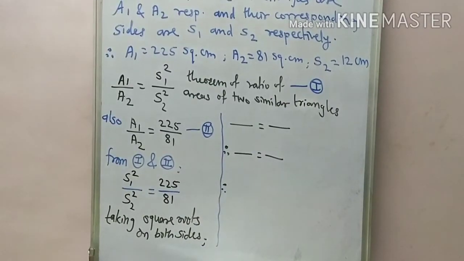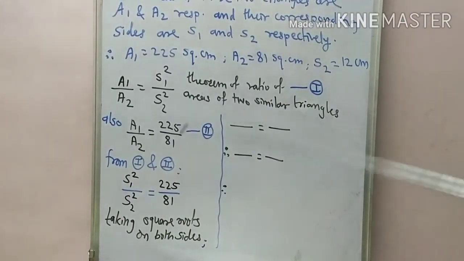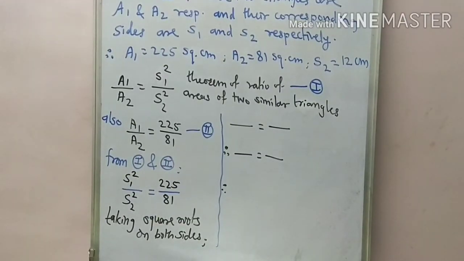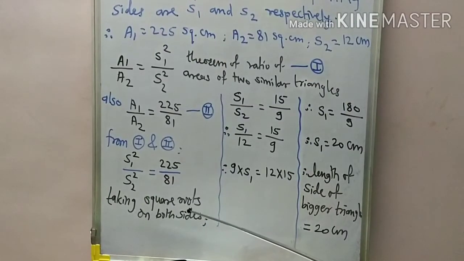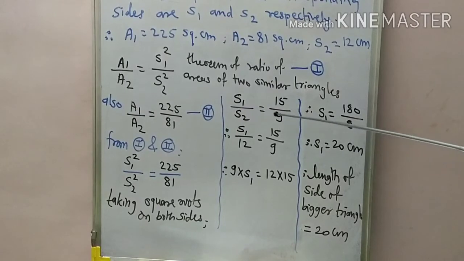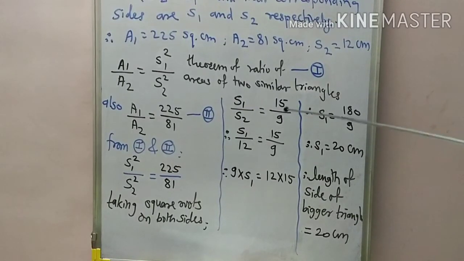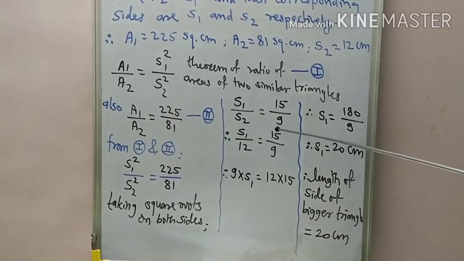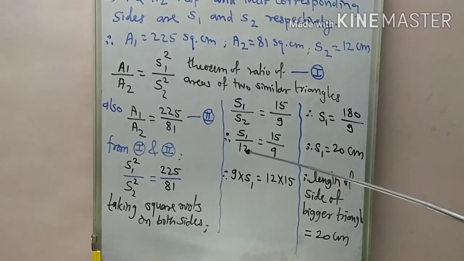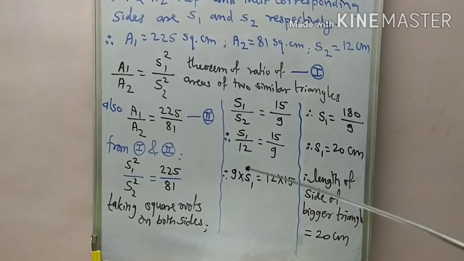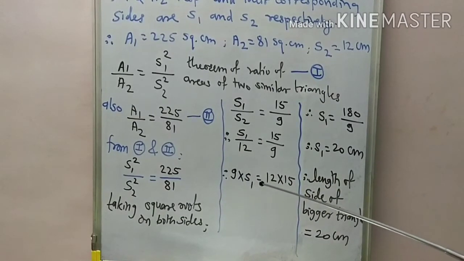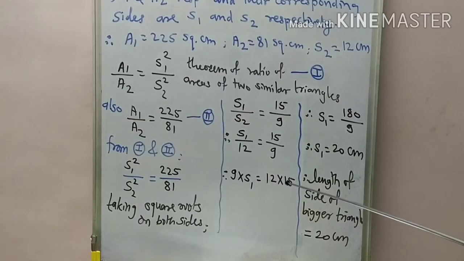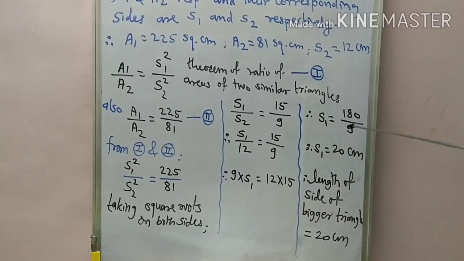Okay students, so try to solve this, substitute those values and find out S1. Is it correct? Taking square roots on both sides, S1 upon S2 is equal to the square root of 225, which is 15, and the square root of 81 in the denominator, which is 9. So we substitute the value of S2 as 12, and then cross multiply: 9 into S1 equal to 12 into 15, and that product is 180.